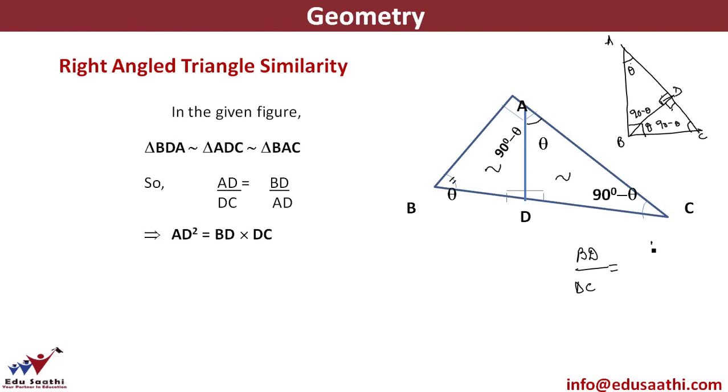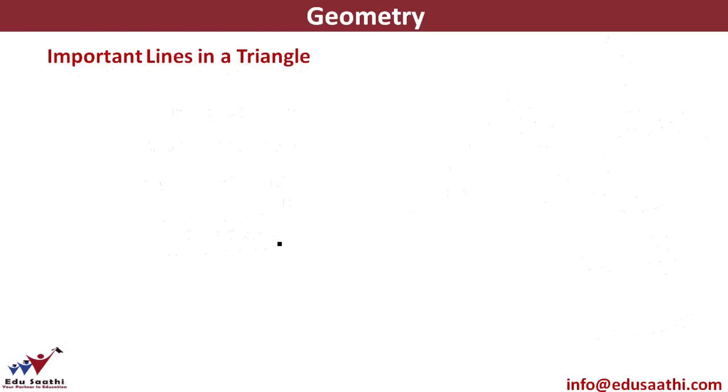In the first it turns out to be AD, and in the second it turns out to be BD. So I just cross multiply, BD square is equal to DC into AD. Very important thing that I have in case of a right angle triangle drawn, an altitude from the vertex.